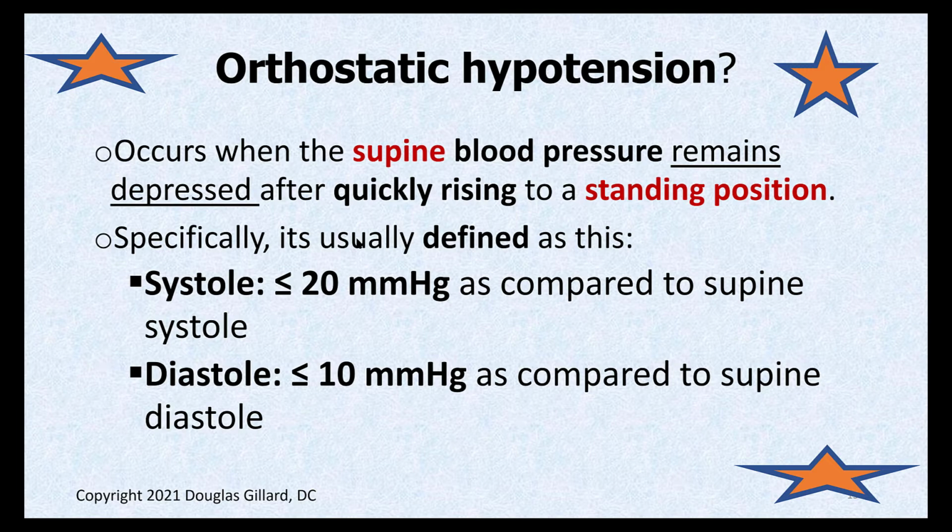If the blood pressure is decreased by 20 millimeters of mercury or more from the supine position, they have orthostatic hypotension. If systole is decreased, or if diastole is decreased by 10 or more, that makes the diagnosis of orthostatic hypotension as well.